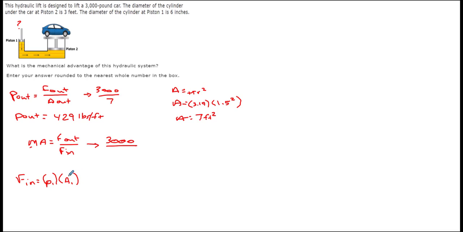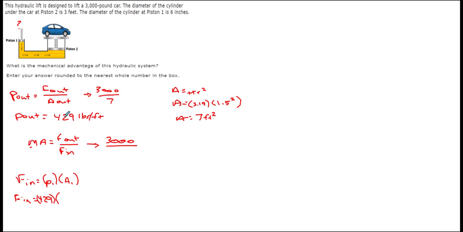Now, reminder that piston and area need to be in feet. We know that the pressure is going to be equal throughout the system, so the pressure in the system was 429 pounds per foot. And the area we can find.